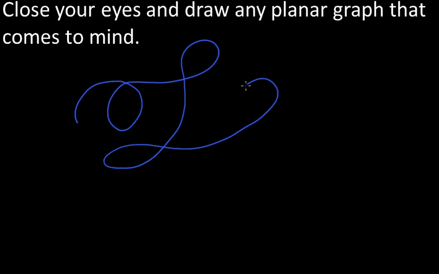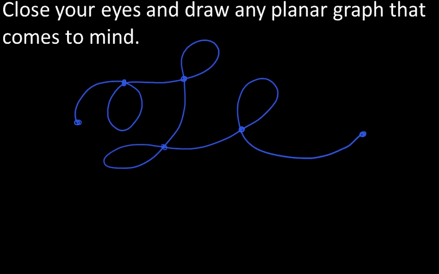You close your eyes and make any drawing you want, as long as you don't lift up your pen, and when you're done, you have to label the vertices. So I am going to do another one like this, and I will label my vertices everywhere I crossed myself, and the starting and ending points.